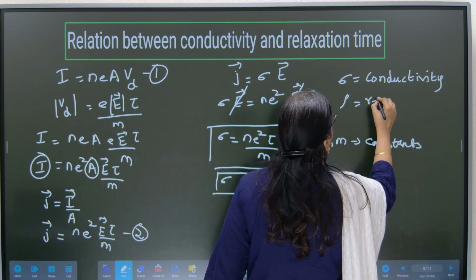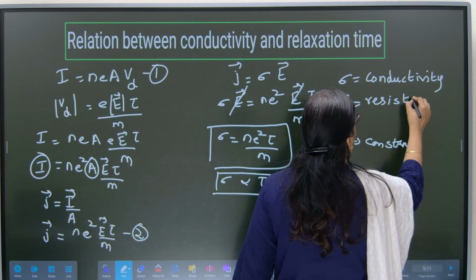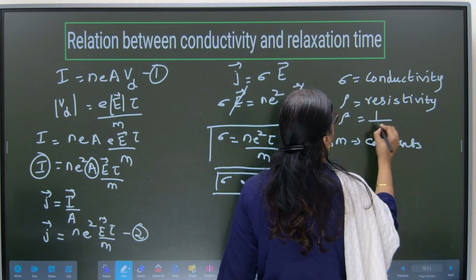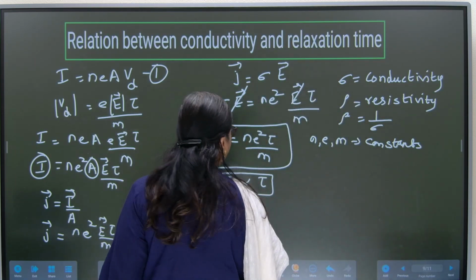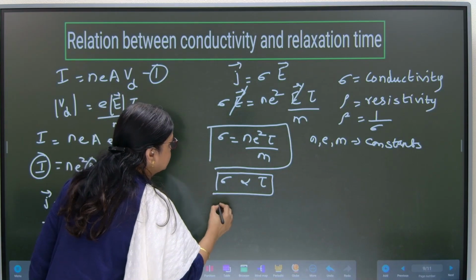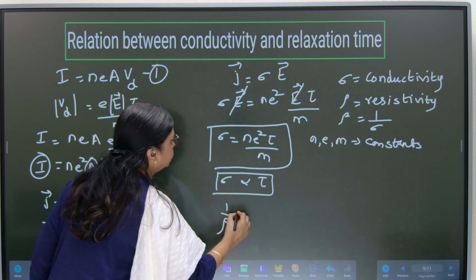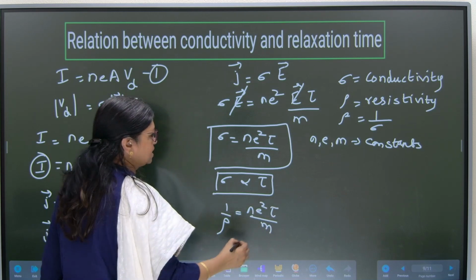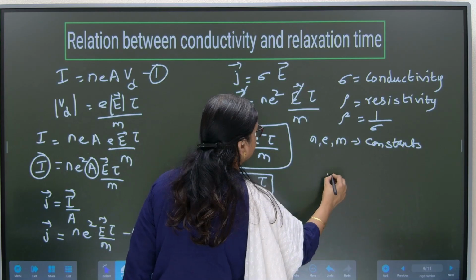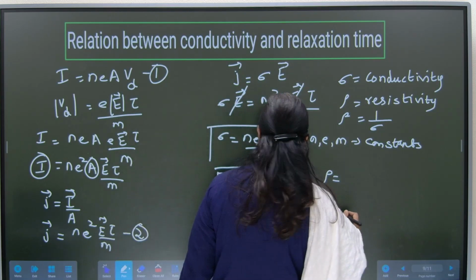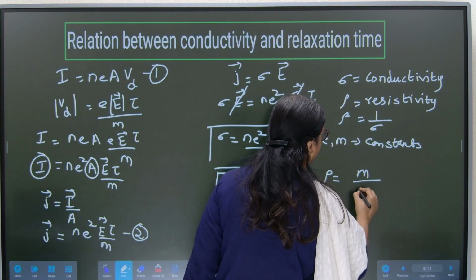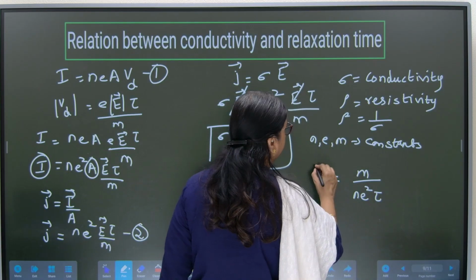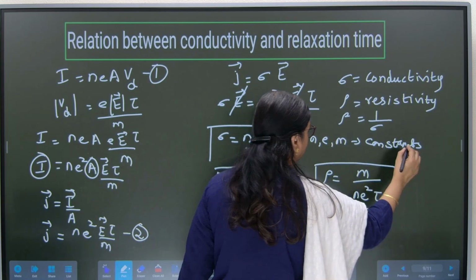Then rho is the resistivity of the material of the conductor. Rho is the reciprocal of conductivity. So let us substitute sigma is equal to 1 upon rho in the above equation such that we get rho, that is the resistivity of the material, as m upon N e square tau, where we know that n, e and m are constants.